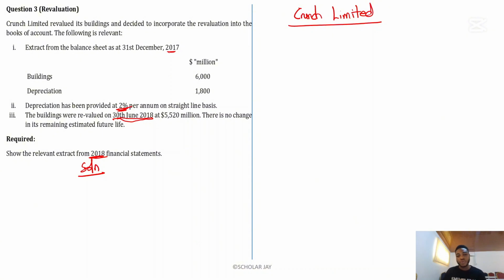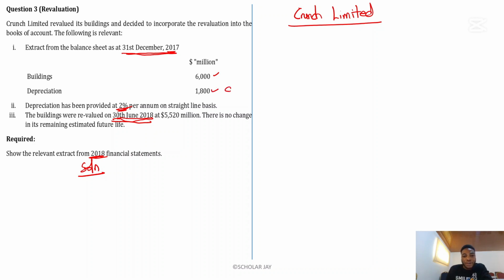So when did the revaluation happen? It happened on 30th June 2018. You want to get the carrying amount as at 30th June 2018. But they've given us the cost of the assets as at 31st December 2017. They know that this is the cost, this is the total depreciation as at this date.